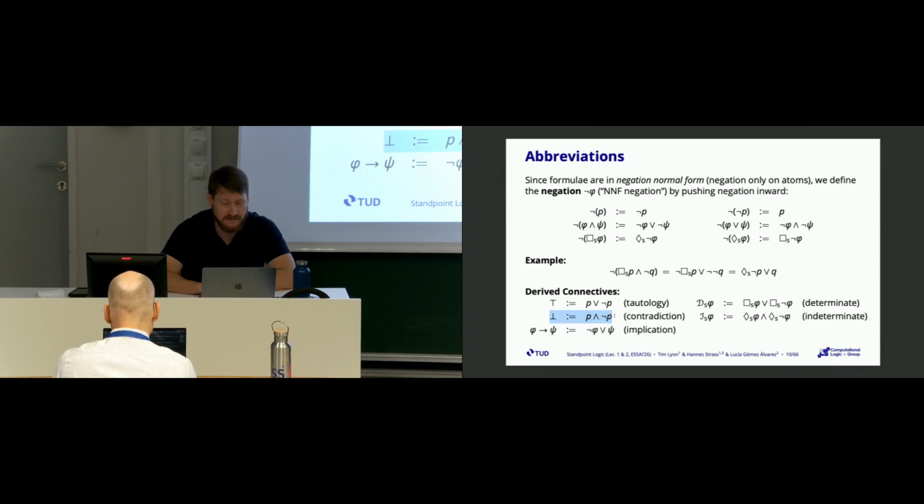We can define this again by fixing a propositional atom P and conjoining it with its negated version. Implication can be defined relative to our language by taking the full negation of phi and disjoining it with psi. So in classical logic, these two formulae are equivalent to each other, and here we are forcing their equivalence by means of a definition.